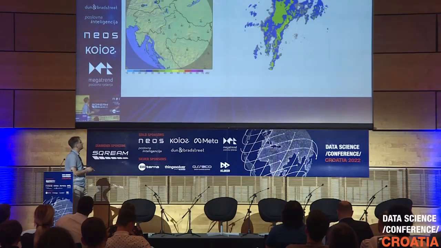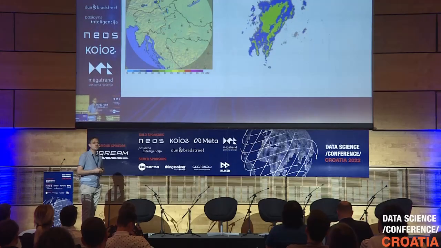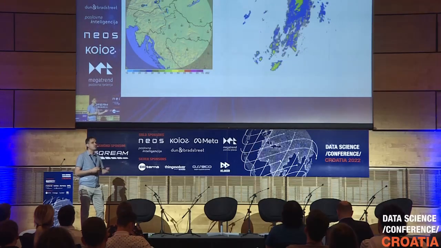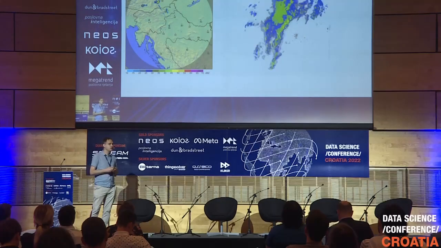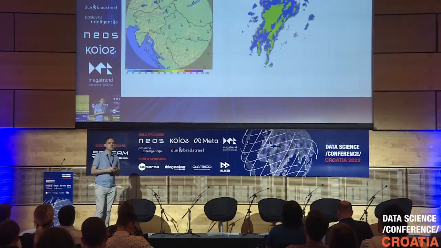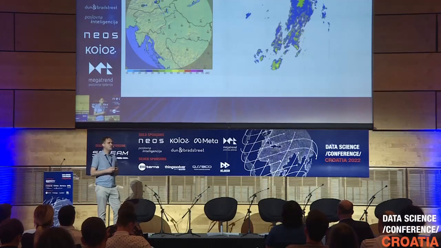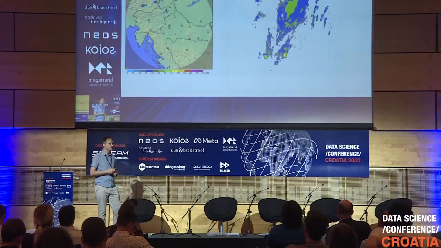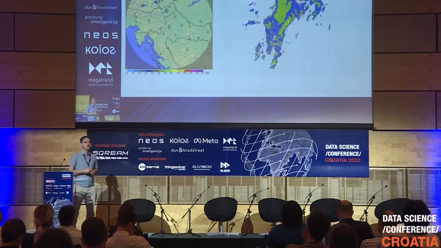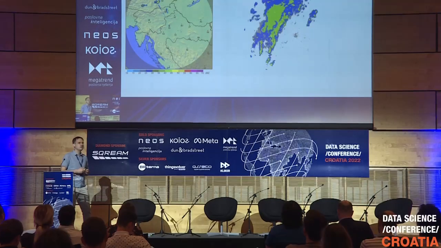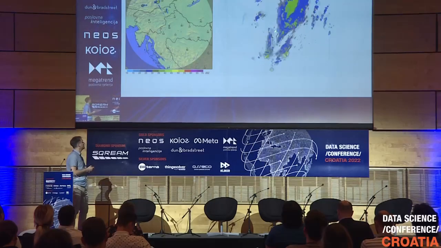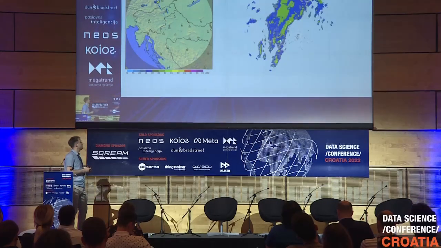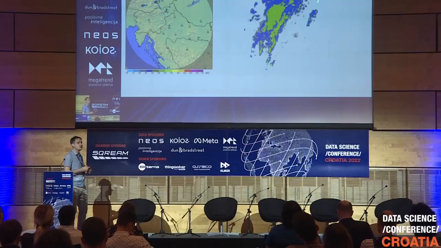Okay, so to move on to another project, this is something that we did at Velebit AI around 2 years ago. We were doing short-term rainfall prediction, so this is something that we were doing for the Croatian use case, so you can of course recognize the Croatian map here. We are dealing with radar images, and here we have a time series prediction problem basically.